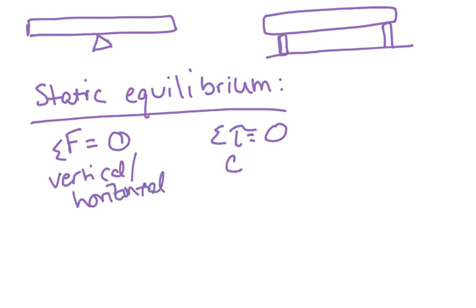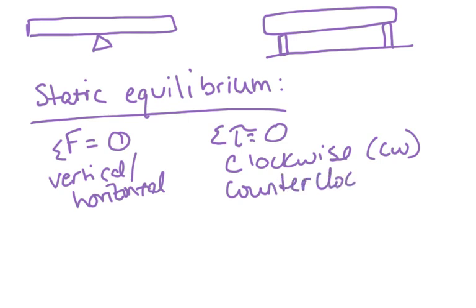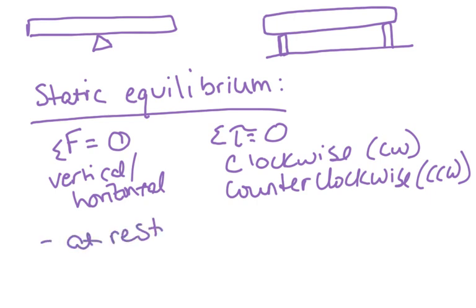For torques, it is the clockwise, which you'll sometimes see abbreviated CW, and the counterclockwise, CCW, okay? In order to be in static equilibrium, static means you're not moving. And so static equilibrium has to mean that it is at rest and it has no rotation.